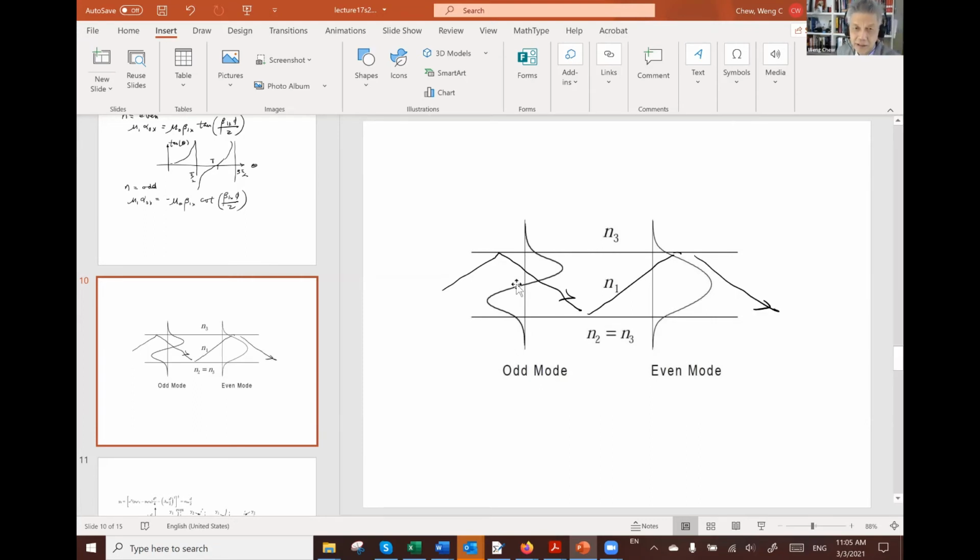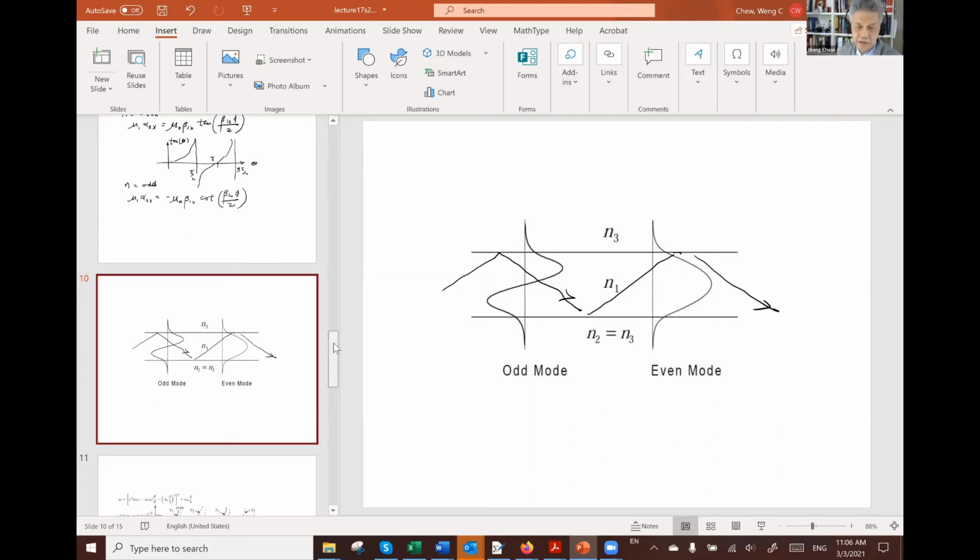And because of total internal reflection, the wave is evanescent outside. Okay, and then you have the odd mode, where the field profile is an odd function of x, and then you have the even mode, where the field profile is an even function of x. That detail I will not go into, but if you look at the solutions, that is how they look.